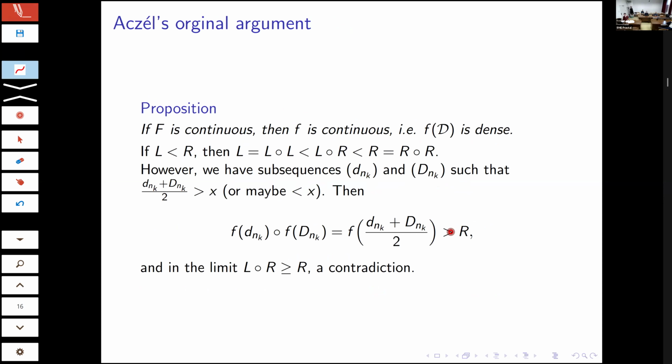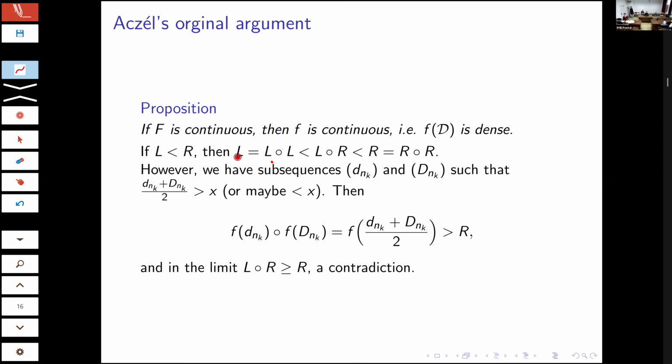Anyway, this is the idea Acél's original argument used. If f is continuous, then capital F is continuous, so the image is dense. And he used it in the following way. If L is smaller than R, then he takes the composition with L. So L composition L is L by reflexivity.